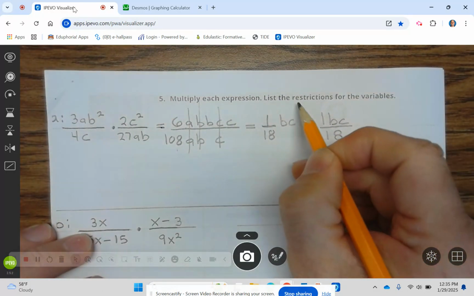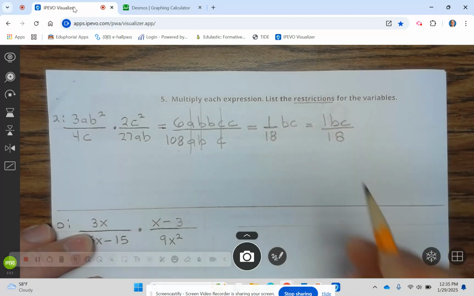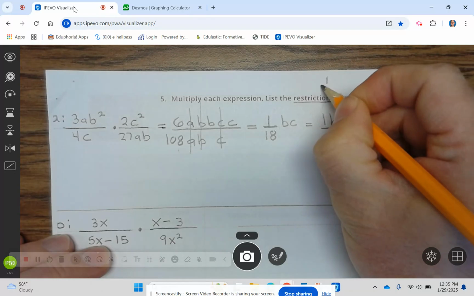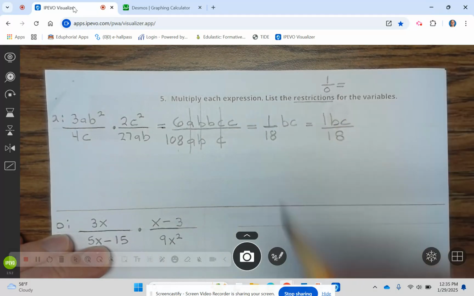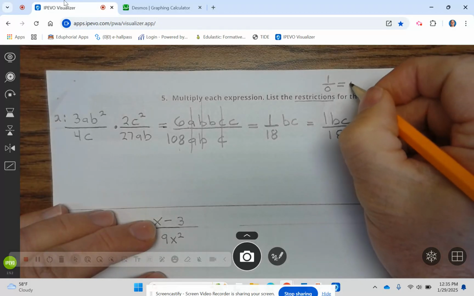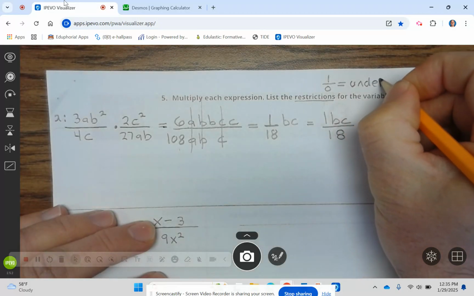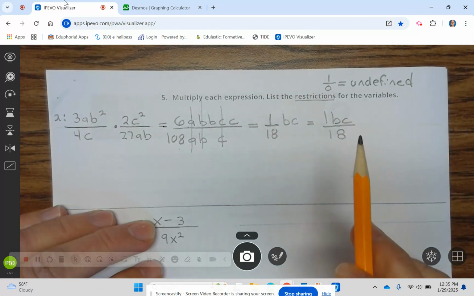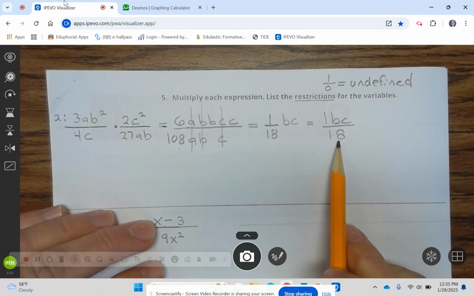Now, for restrictions, we have to understand that 1 divided by 0. And let's take a look at what that looks like. So 1 divided by 0 is undefined. Okay, so we need to figure out what makes the denominator 0.